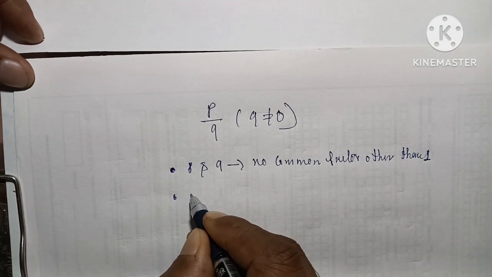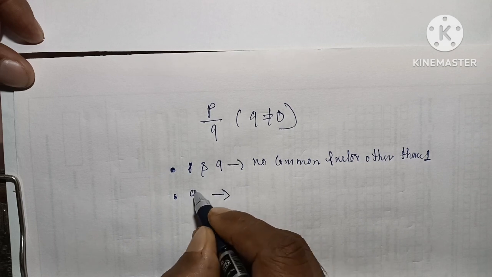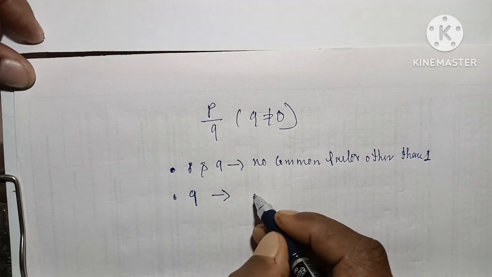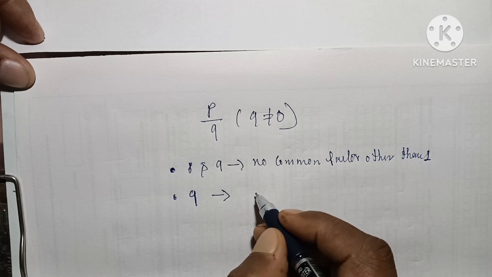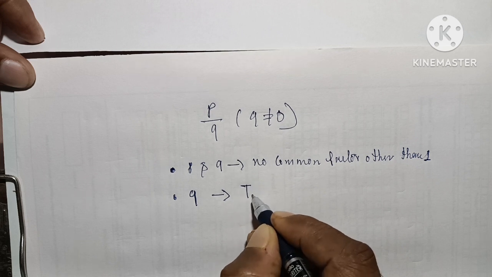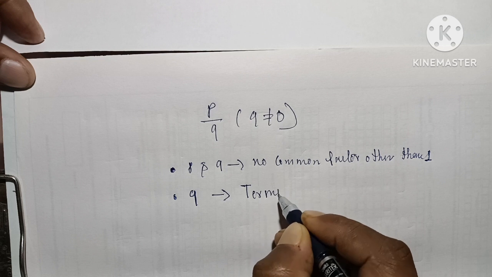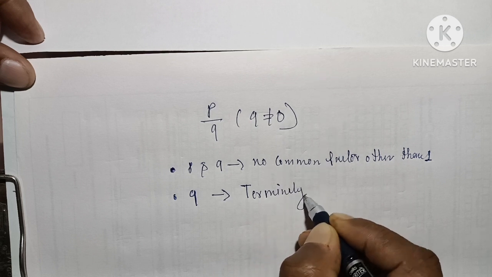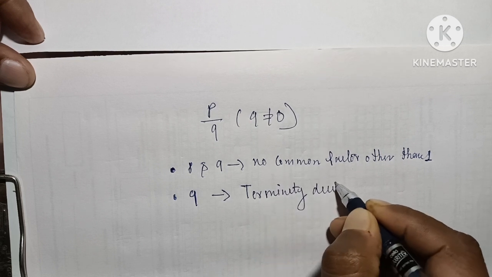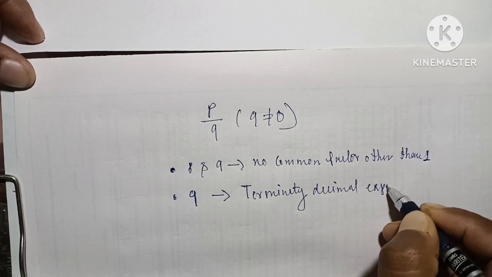The next point is q must satisfy such a property that their decimal expansion should be a terminating decimal expansion.